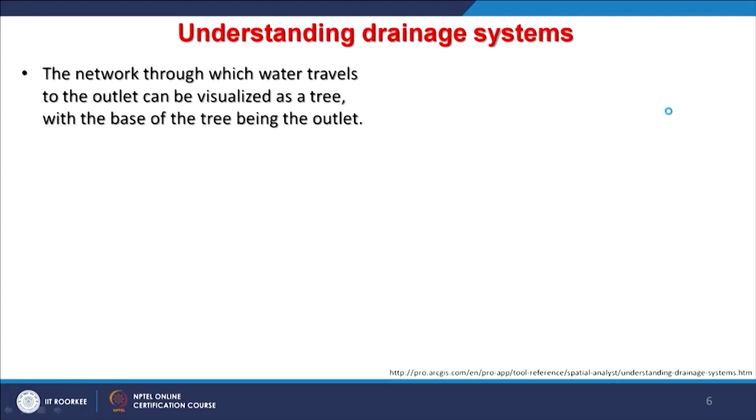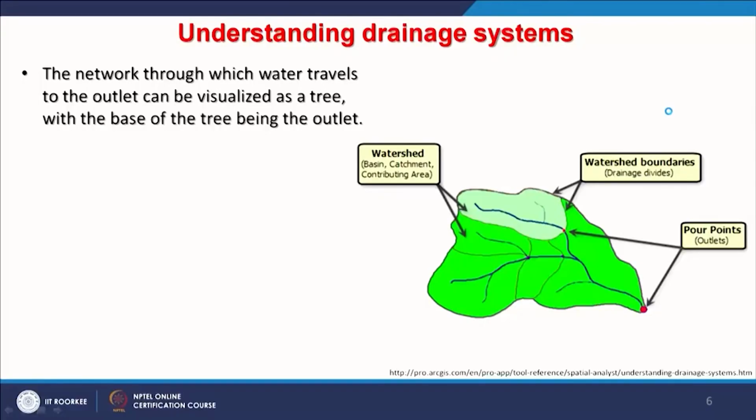Now these drainage network or stream network which we see, generally they are represented in maps in blue lines or black lines. This network, the drainage network through which water travels to the outlet, can be visualized as a tree with the base of the tree at the outlet, as you have also seen here.